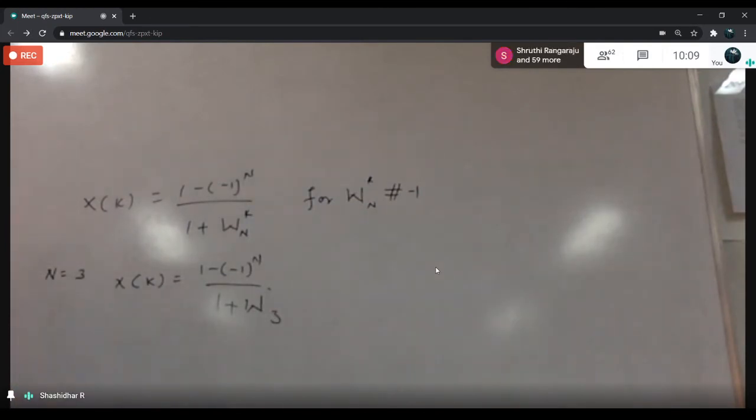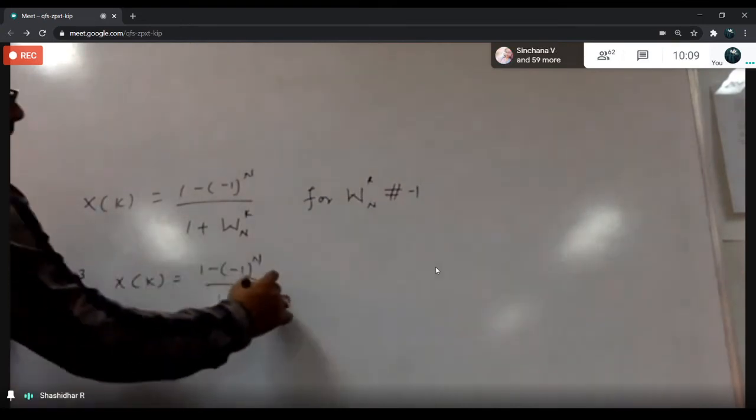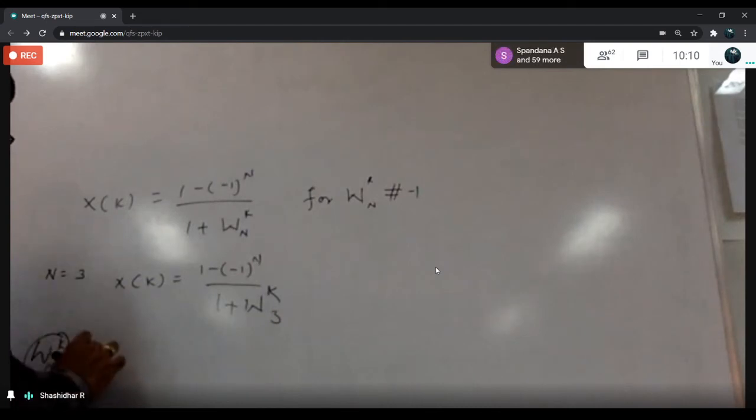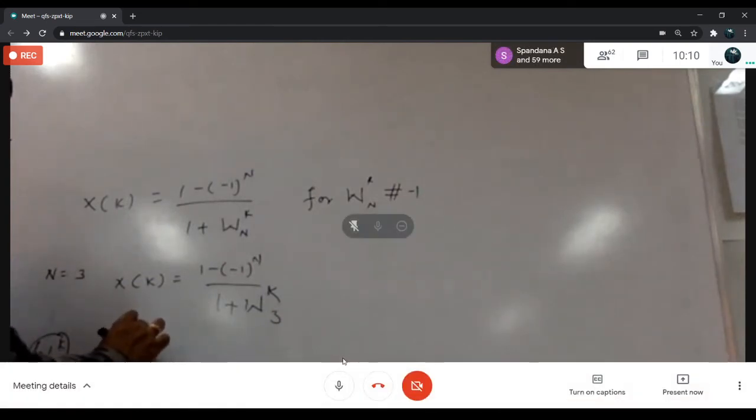You can take k value 0, 1, 2. Okay, so k you will take, and then what is the omega value? e to the power of j 2 pi k divided by n.